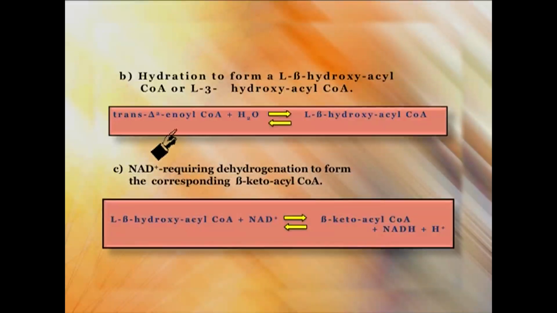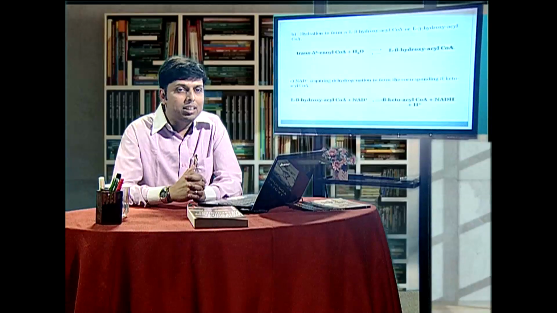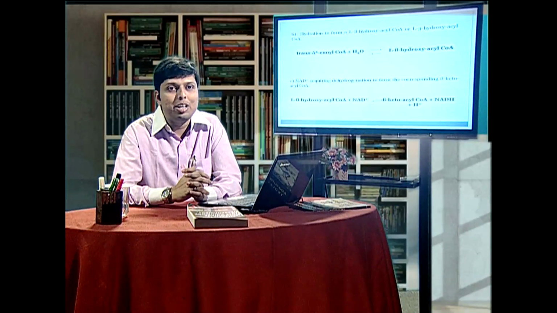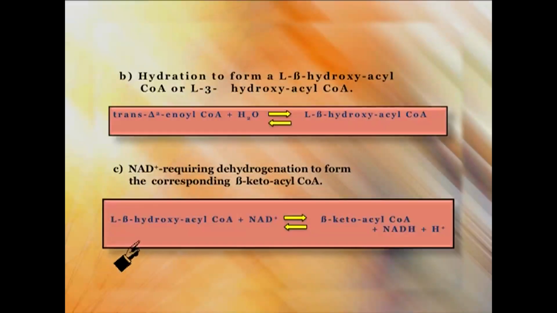In step number 2, the trans delta 2 enoyl CoA is hydrated by the enoyl CoA hydratase enzyme to produce the L-beta hydroxyacyl CoA. In the third step, the L-beta hydroxyacyl CoA is converted to beta ketoacyl CoA with the help of the enzyme L-beta hydroxyacyl CoA dehydrogenase, which requires NAD+ as its cofactor.